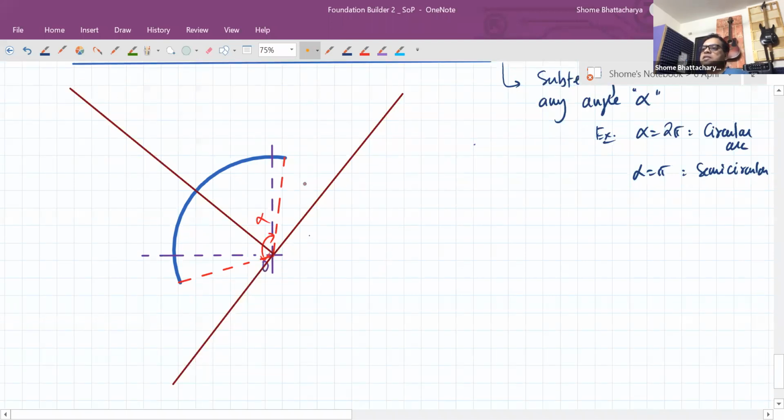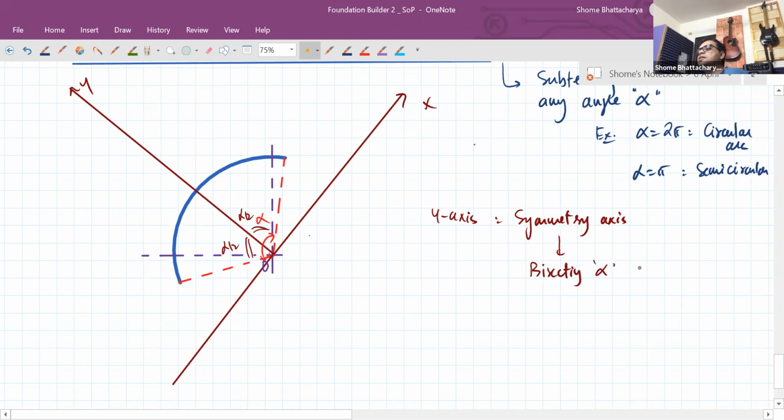We'll take this as our y axis, and this as our x axis. So this angle is equal to this angle, which is alpha by 2. Again, the y axis we are arbitrarily taking as a symmetry axis. It is the axis bisecting the alpha angle through O, which is the center of curvature.